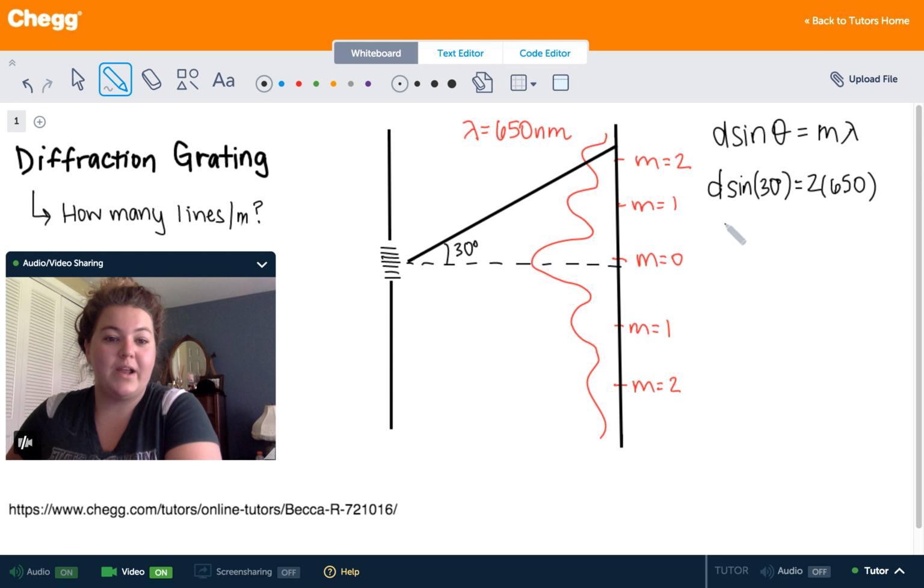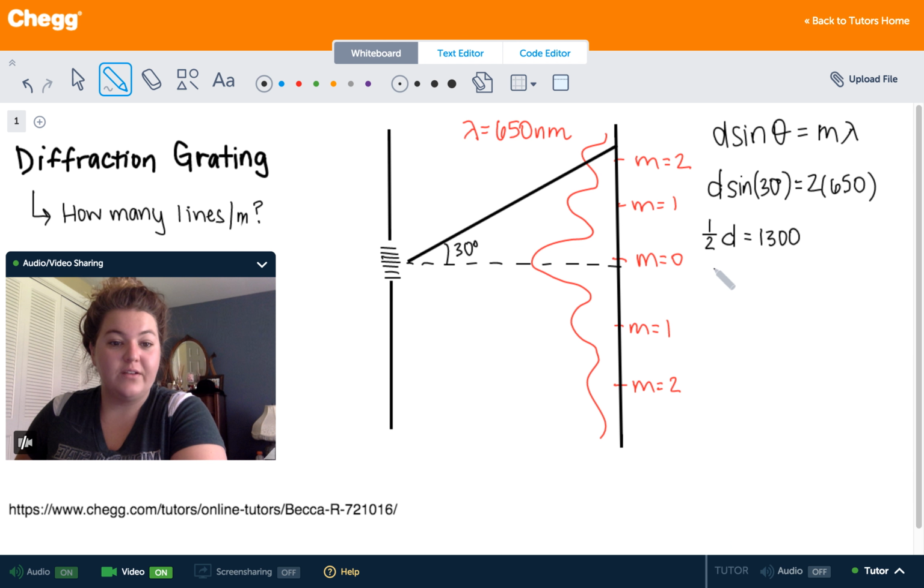Okay, so we know that sine 30 is 1/2, so we've got 1/2 d is equal to twice the wavelength. 2 times 650 gives us 1300. And if we solve for d, we simply have to multiply both sides by 2, which means that d is 2600 nanometers.